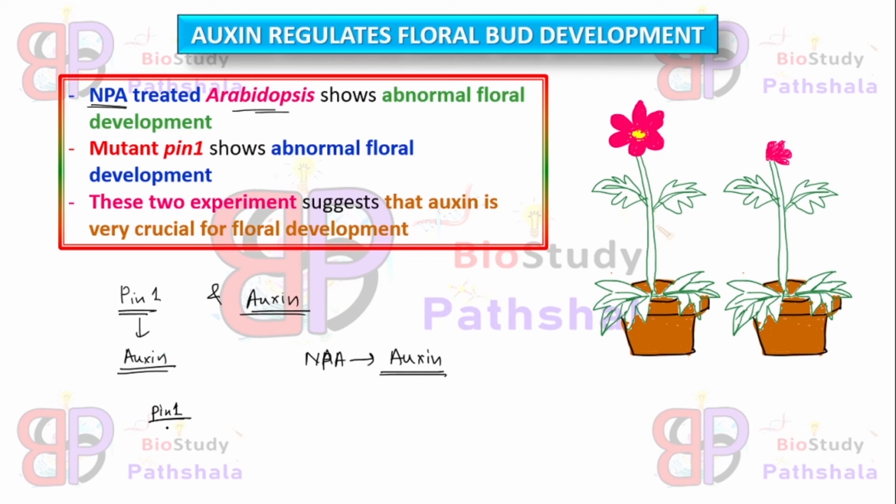That is why the mutant PIN protein also shows abnormal floral development. You can see this is normal floral development with adequate amount of auxin, but this figure shows abnormal floral development, either treated with NPA or with mutant PIN protein.